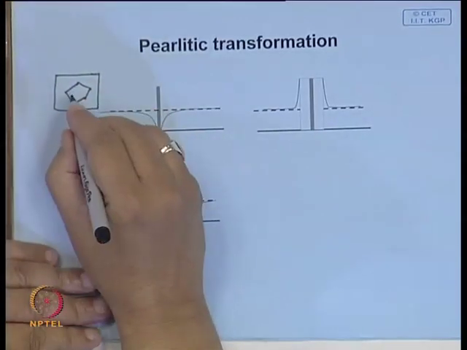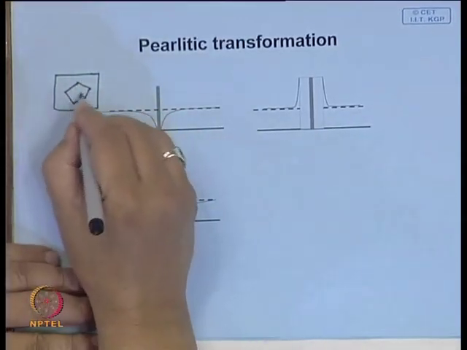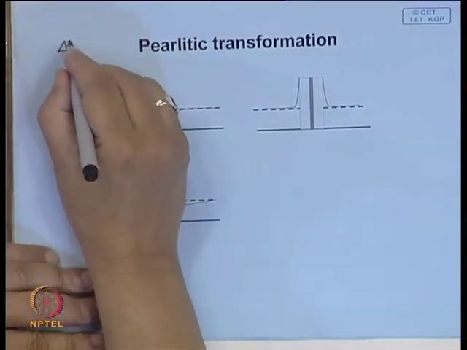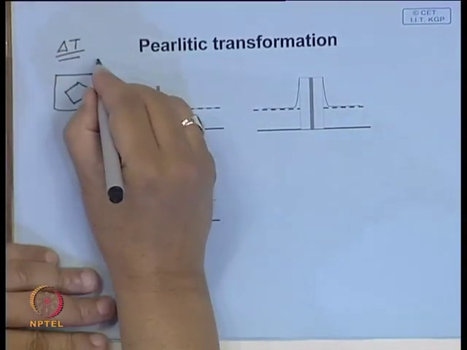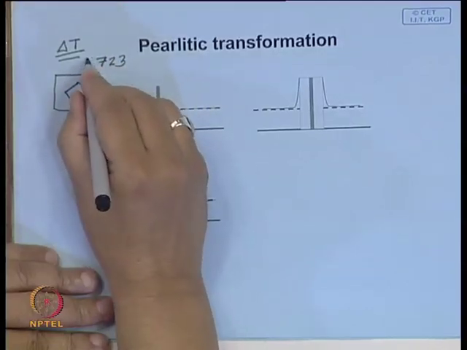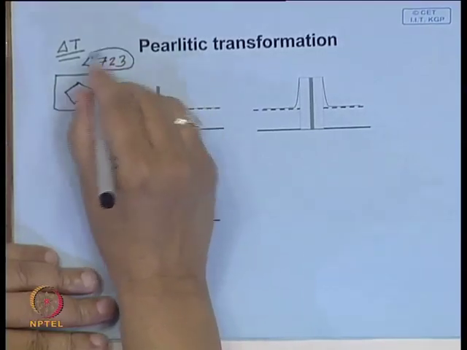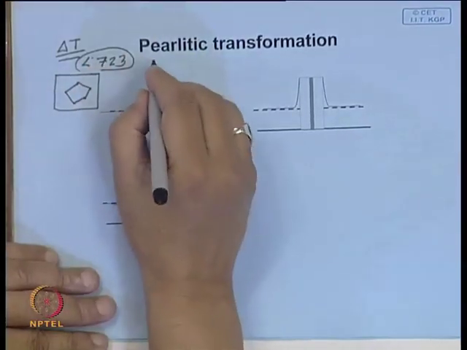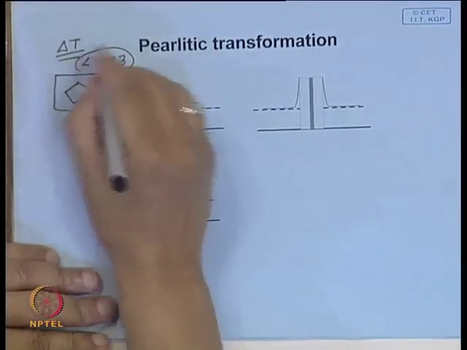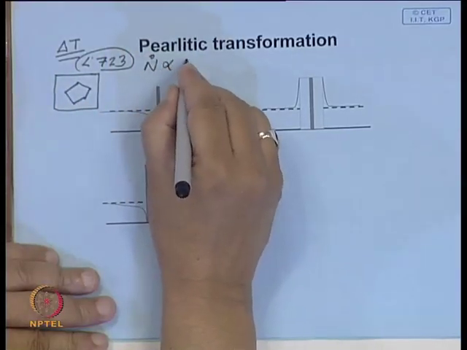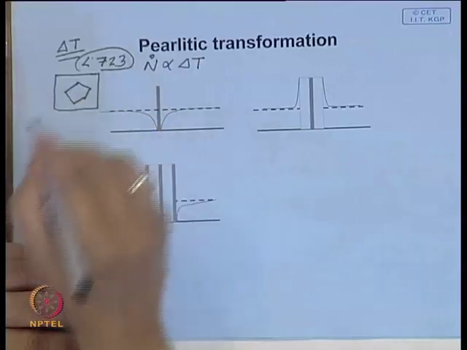Now, for the pearlite to form, you have to give a certain amount of undercooling, that is delta T. So, you have to keep this steel at a temperature lower than 723 degrees centigrade, and here the nucleation rate is proportional to delta T.